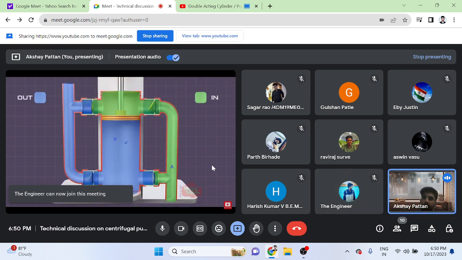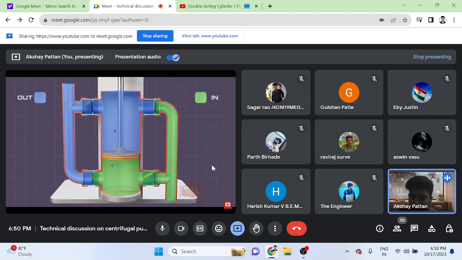Now it's clear, guys. Can you see that the action is taking place in both the upward and downward motion?